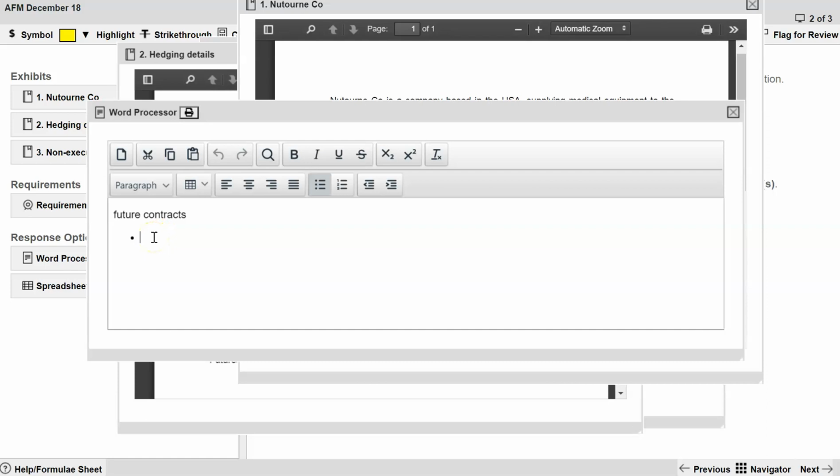First step: expected receipts are 12.3 million CHF. Second step: if you are going to receive CHF, that means you are going to sell the CHF.